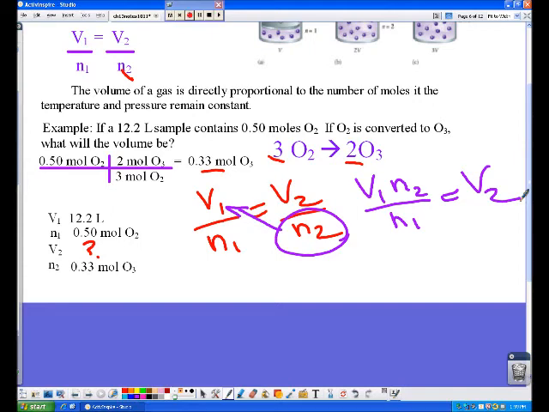It should go down. And whether it's being let out or the gas is converting into something else, the amount of matter is changing inside. And so my volume is now 8.05 liters. So it did decrease significantly as it was converted over.